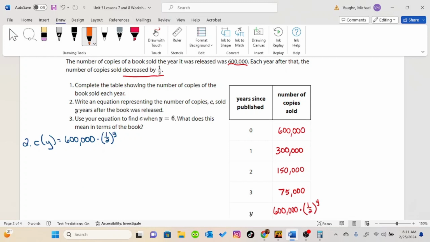Number 3, use your equation to find C when y equals 6. What does this mean in terms of the book? So for 3, we would say C of 6 equals 600,000 times 1/2 to the power of 6.